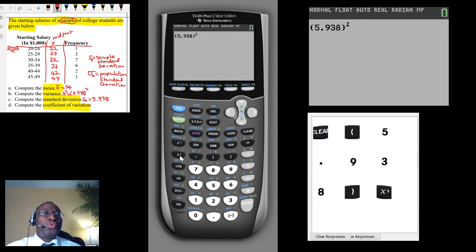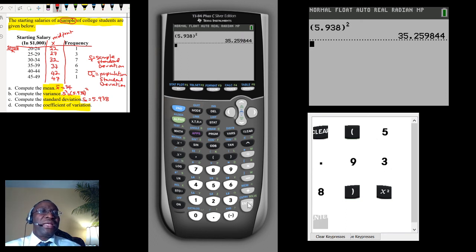Let's see what it gives us. It says 35.2, so we could say 35.23. So the variance will be 35.23. So that is our variance.